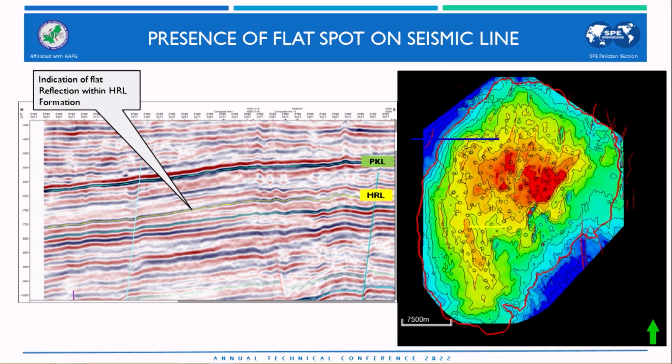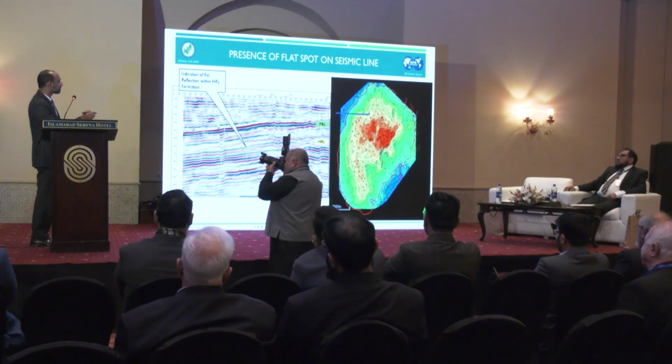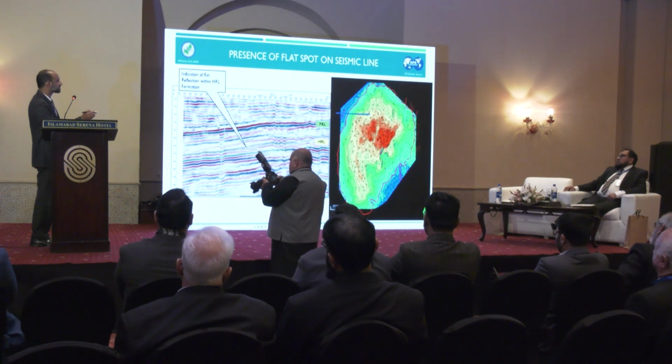This is the top of HRL, and in between the HRL thickness we see this weaker, flatter geometry, which is terminating at the top of HRL. If I flip it here, it means it is going like that. And when we point out this location on our map, it is matching with our gas-water contact location.